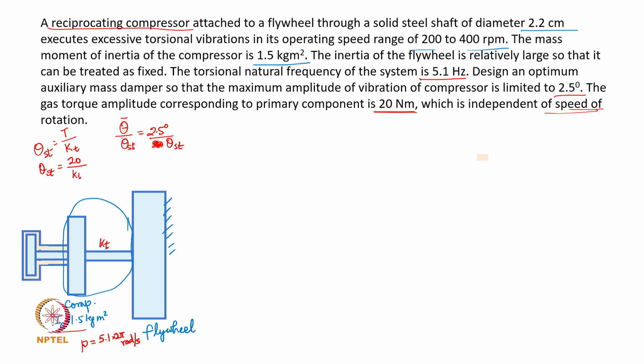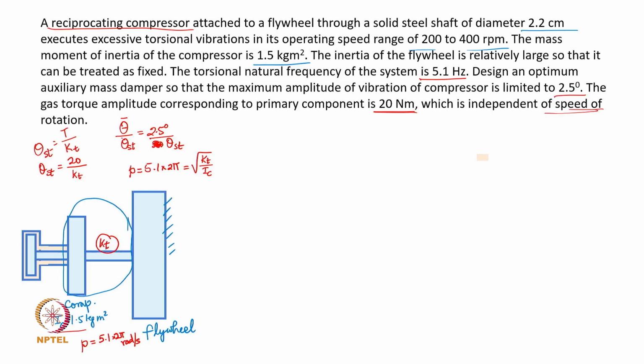Now, the question is, how do I know this kt? I already have p declared. The given value of p is 5.1 into 2 pi, which is equal to the square root of kt over Ic. The parent system's natural frequency is the square root of k over m.